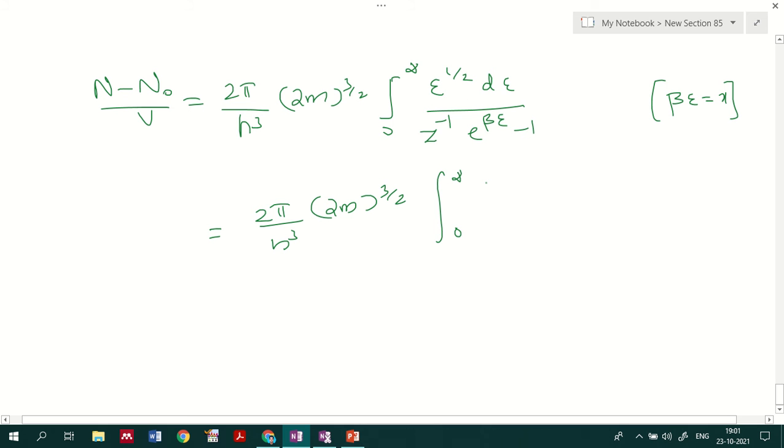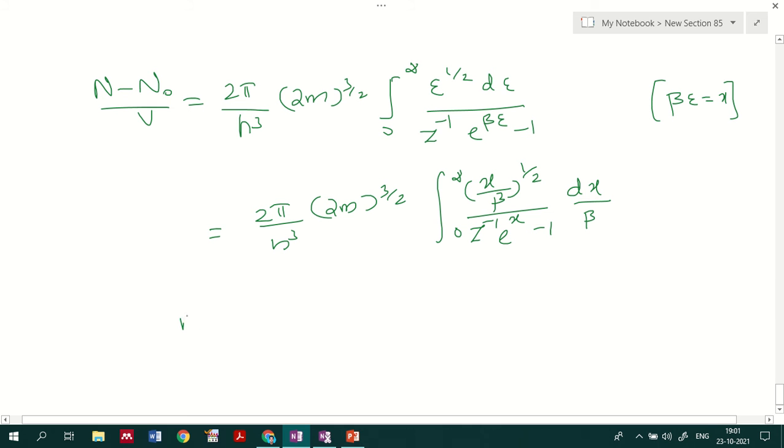So this epsilon I can substitute as x by beta raised to 1 by 2 divided by z raised to minus 1 e raised to beta epsilon is there, right? So beta epsilon I can write it as x, okay, minus 1. So here d epsilon is there, that is dx by beta, sorry.